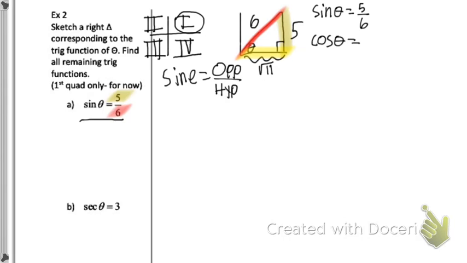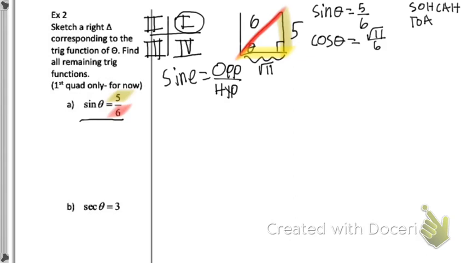Another way to remember this, as I told you in my previous videos, is SOH CAH TOA. So cosine is adjacent over hypotenuse, so that'll be square root of 11 over 6.